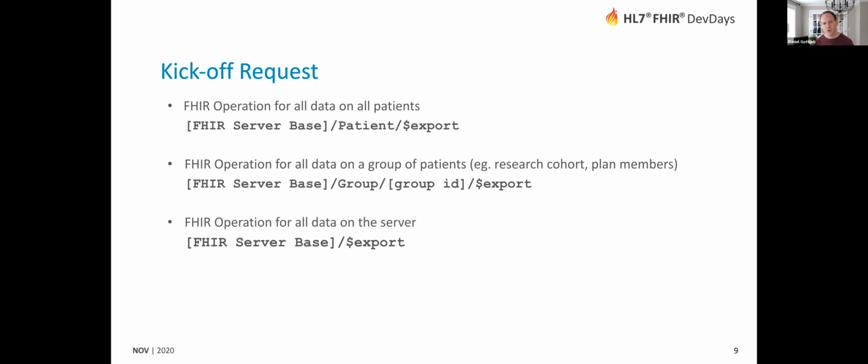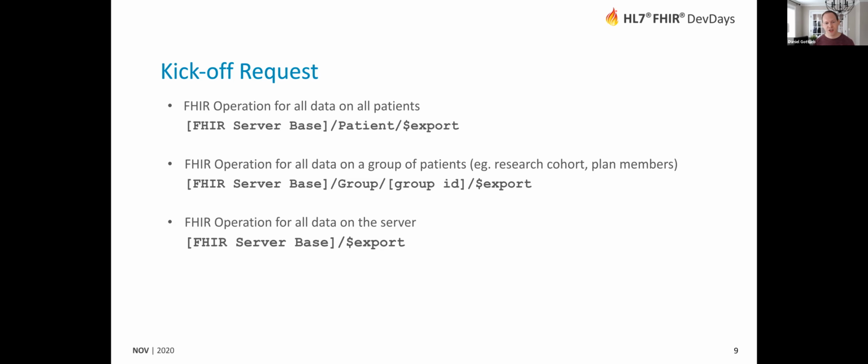Maybe you've defined this group dynamically. So it's all patients who are members of a particular payor, or all patients who are diabetic. However you've defined this group, you can query the group's resource and get an ID for that group, and then you can export data on all the patients in that group. So here we're exporting data on patients for one specific group at a time and getting just those patients' data.